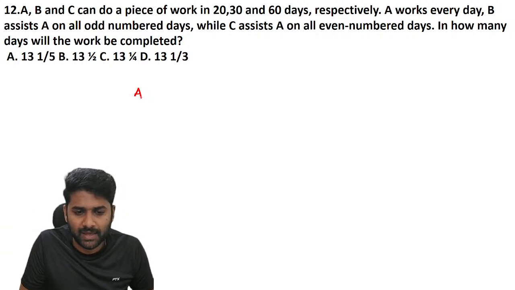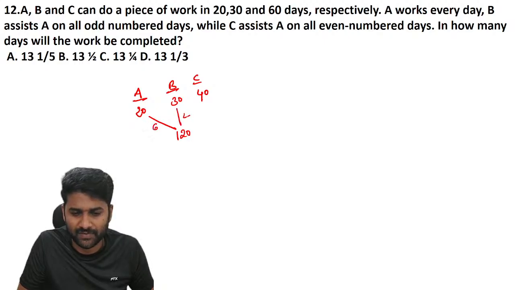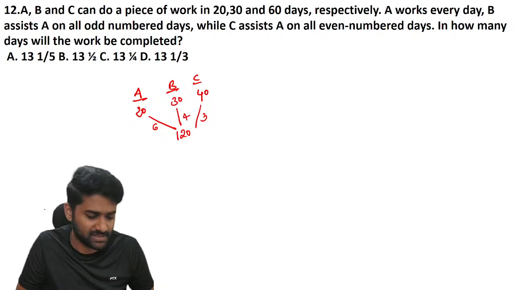Now see, A can complete the work in 20 days, B can complete the work in 30 days, C can complete the work in 40 days. Now the total number of units is 120. So here efficiency is 6 units, 4 units, 3 units.